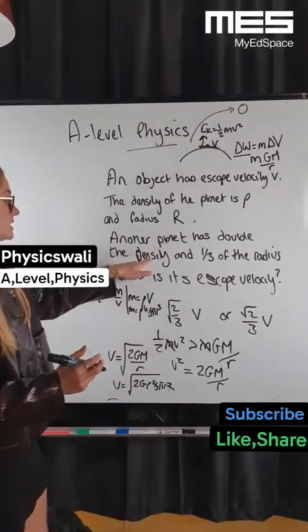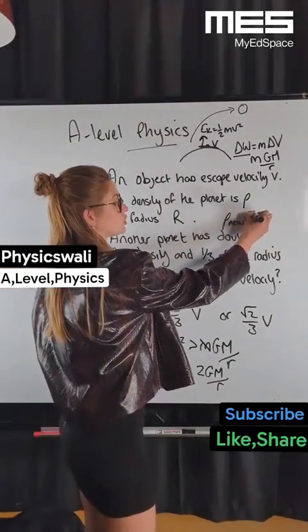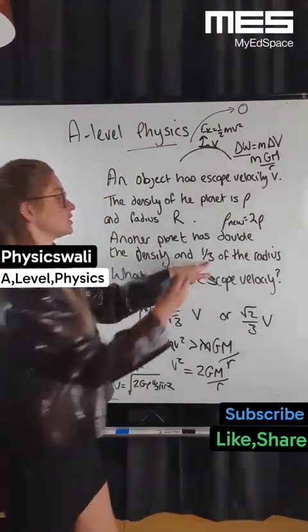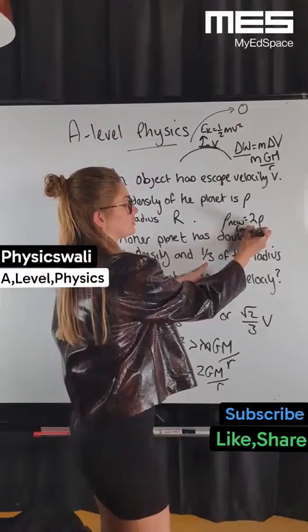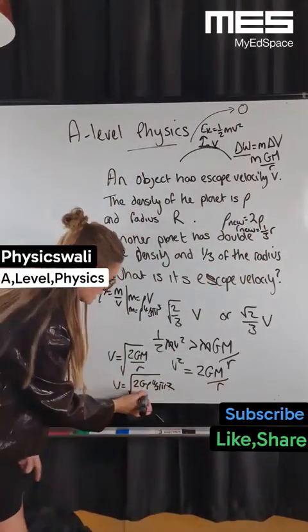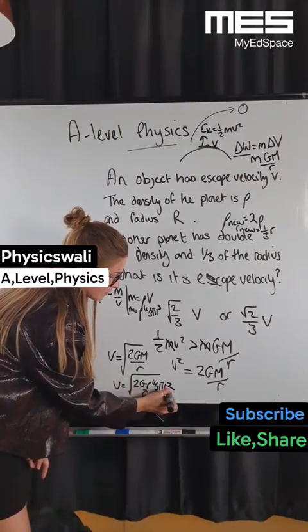Now, the density has been doubled, so the new density is 2 times the old density. And the radius is a third, so the new radius is a third of the old radius. So our density is getting multiplied by 2, and our radius is getting divided by 3.